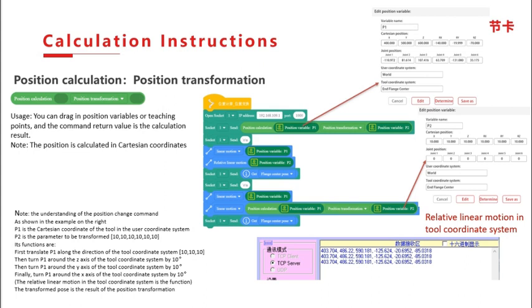Then rotate P1 around the Y-axis of the tool coordinate system by 10 degrees. Finally, P1 rotates 10 degrees around the x-axis of the tool coordinate system, and the changed position is the result of the position transformation. It is equivalent to the relative linear movement under the tool as we did before.